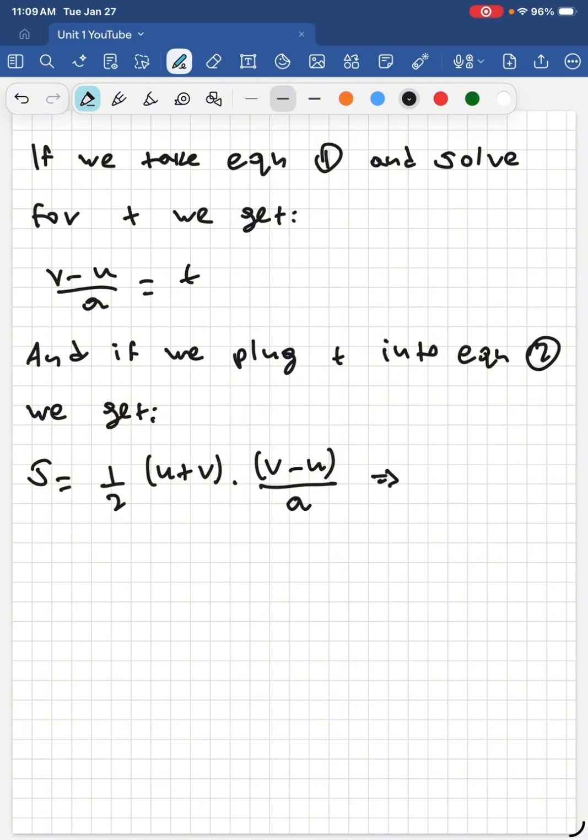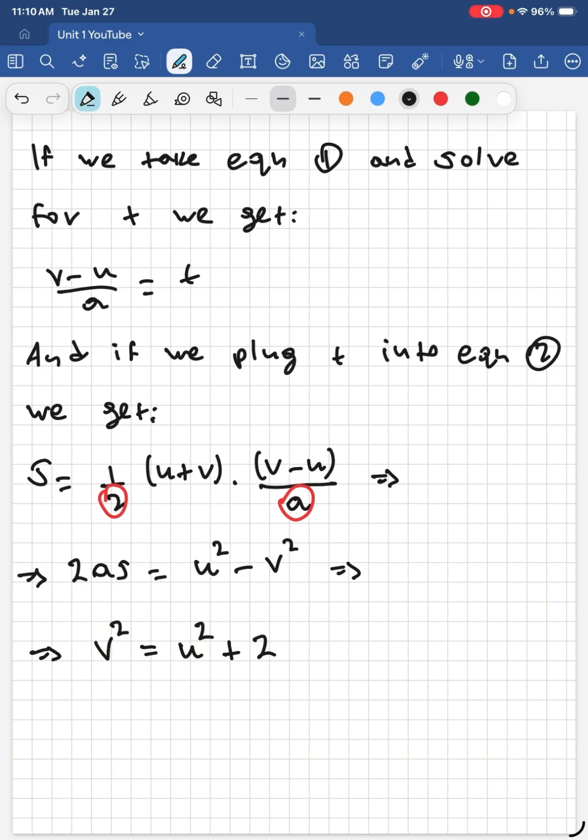Or I can gather together, in the denominator I have 2 and a, right? So 2as, if I cross multiply, 2as is v squared minus u squared, right? So I can now solve for v squared to get v squared is u squared plus 2as. Okay, and this is equation 3.